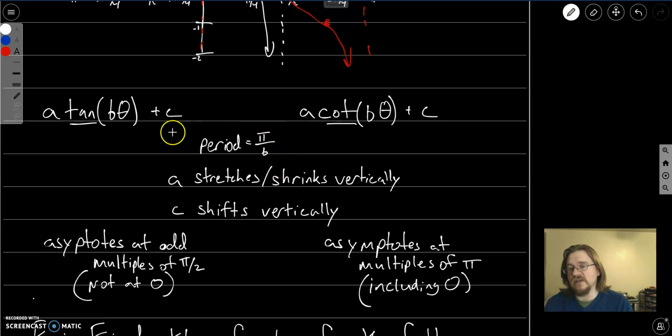Whereas with a sine or cosine, it was 2 pi divided by b, because that's the usual period. Here, the usual period of a tangent or cotangent is pi, so we still end up dividing by b. It's going to chop it up.